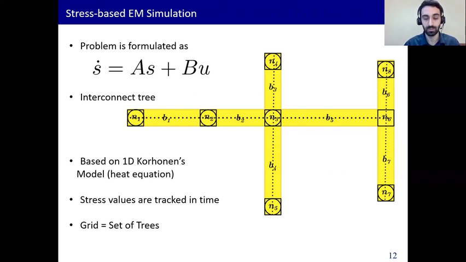For every interconnect tree, it gives rise to an LTI system of the form S dot equals AS plus BU. The vector S holds the stress values at discretized nodes in the tree, and in particular at junctions in the tree, which is where voids usually happen. Junctions will be the states of interest in our work.